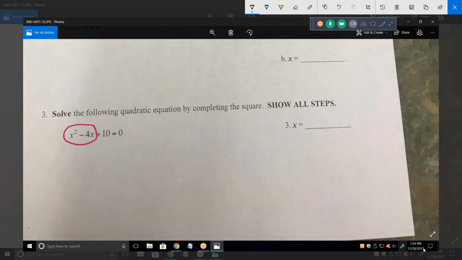I'm going to isolate them, and then I'm going to complete the square around those two terms only. Well, that 10 is just getting in the way, so let's move the 10 to the other side and leave room to complete the square. How do you complete the square?